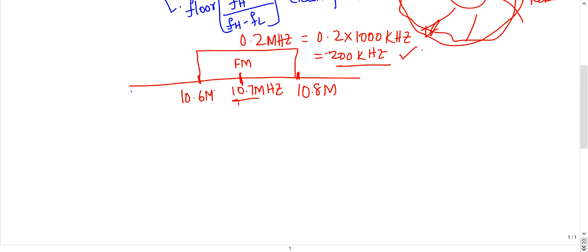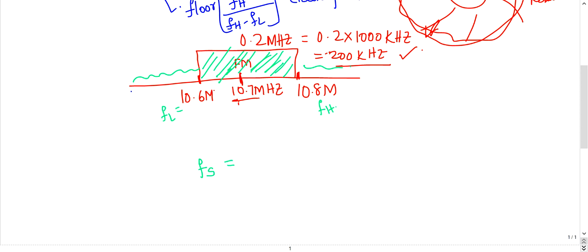Now let us see. The lowest cutoff frequency is FL, and this is the highest cutoff frequency FH, just like a filter. So what is the sampling frequency? Whenever there is a pass band like this, in this band the FM is popular, or the FM can radiate, beyond which it is very difficult to hear the FM. So this is clearly a band pass signal.